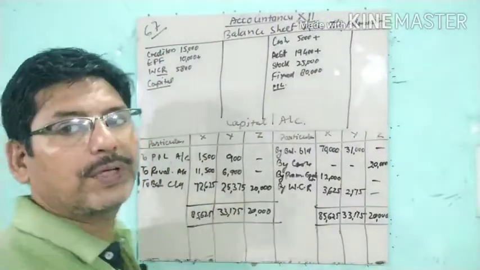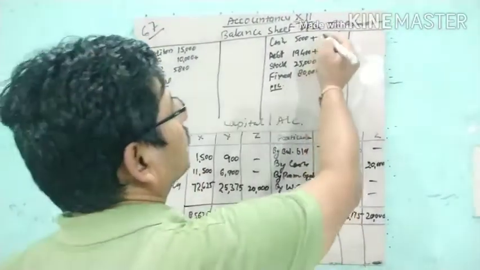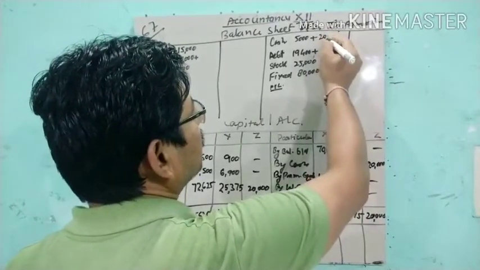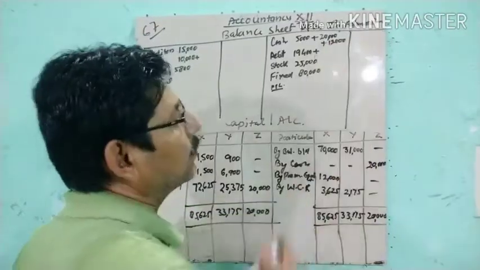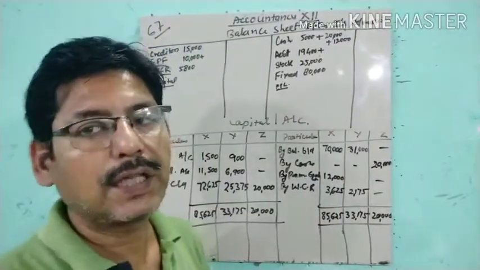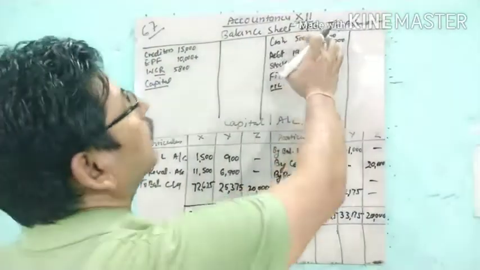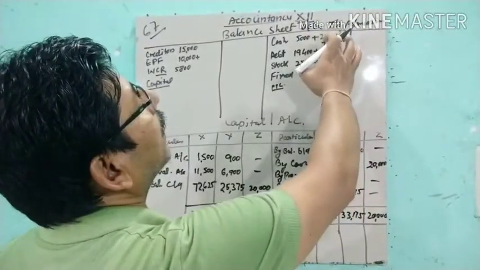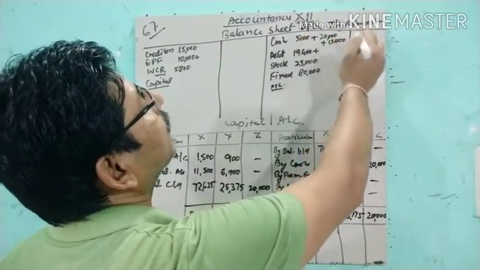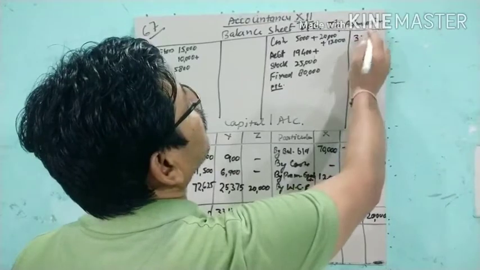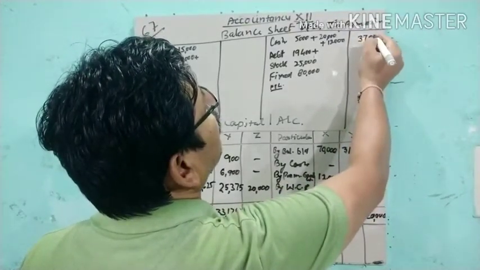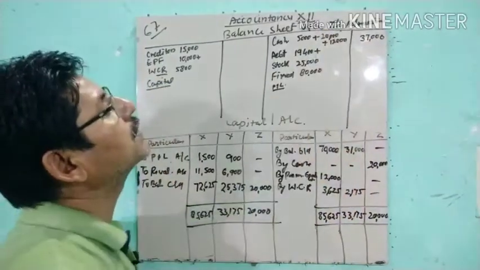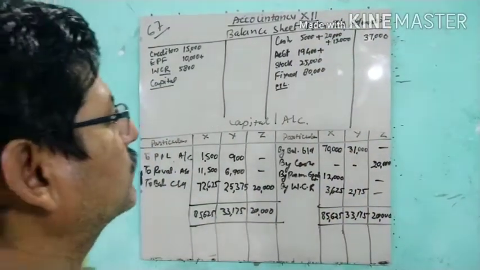So that amount has been increased, so 20,000 plus 12,000, total how much is now with the firm? That 5,000 and 32,000 plus 5,000, 37,000.